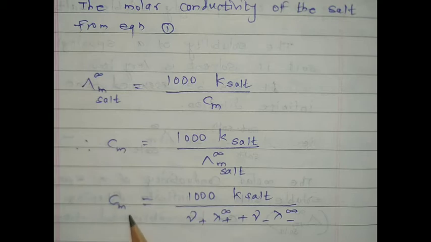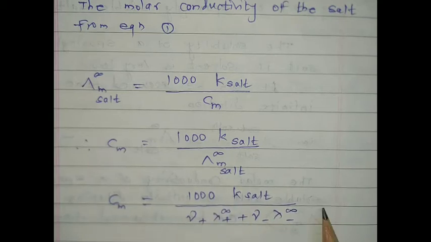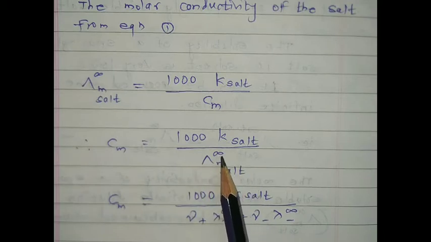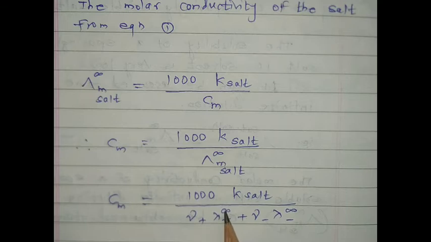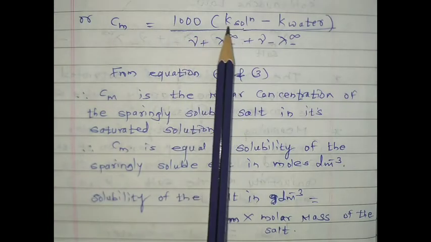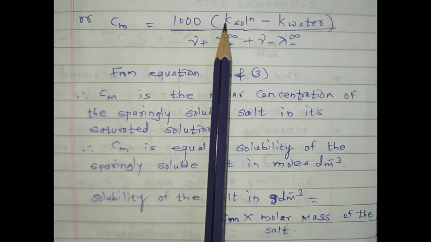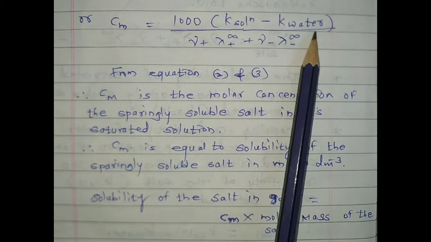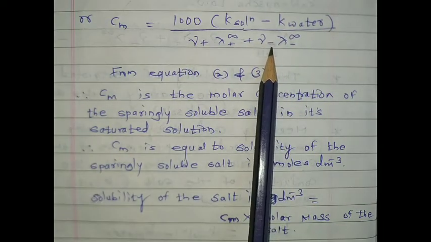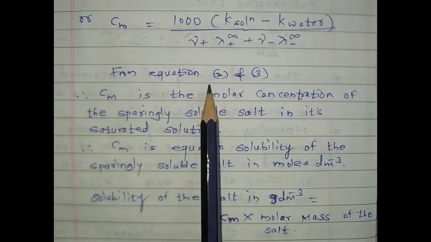According to Kohlrausch's law, lambda m salt at infinity is mu plus lambda plus infinity plus mu minus lambda minus infinity. So this is the equation for Cm, the molar concentration. We can write it as Cm equal to 1000 into bracket K salt, which is nothing but K solution minus K water, bracket complete, upon mu plus lambda plus infinity plus mu minus lambda minus infinity, from equations 2 and 3.